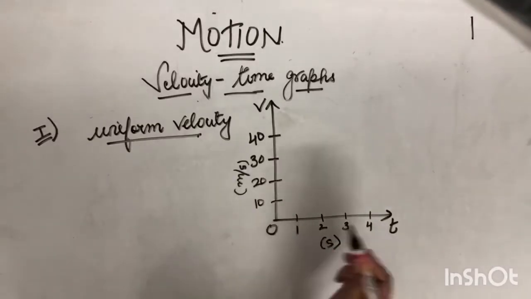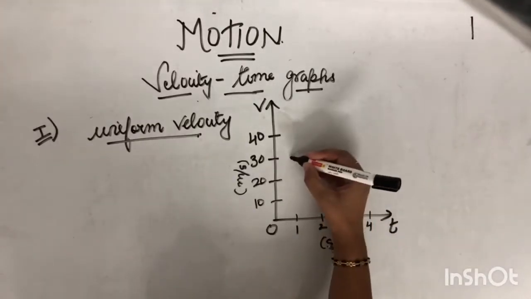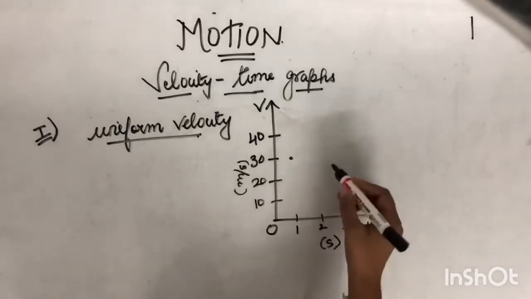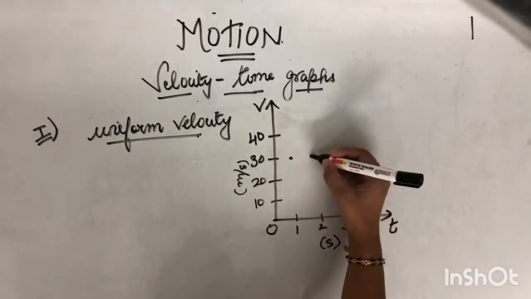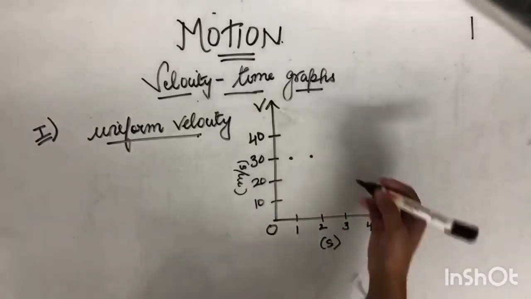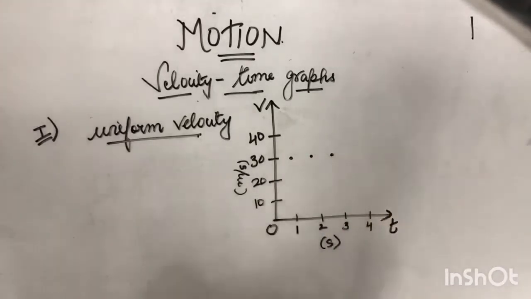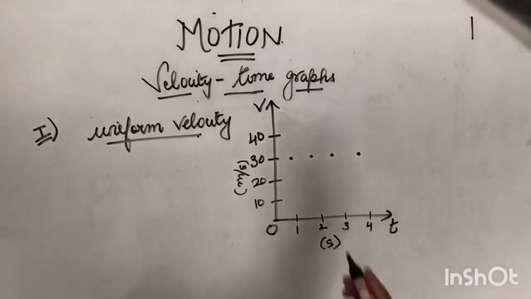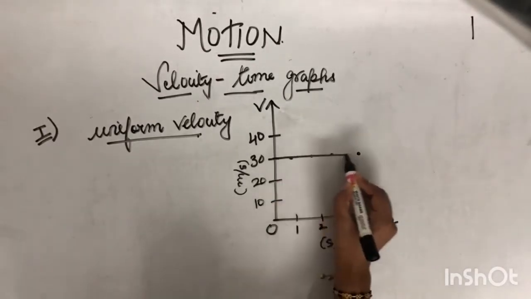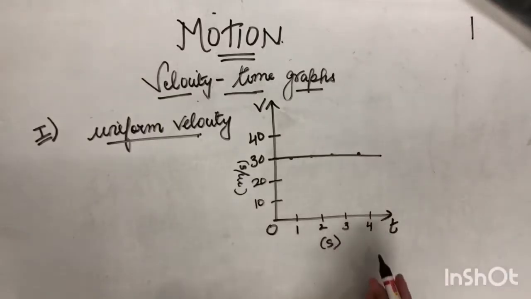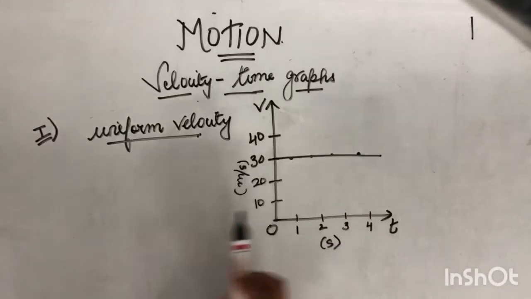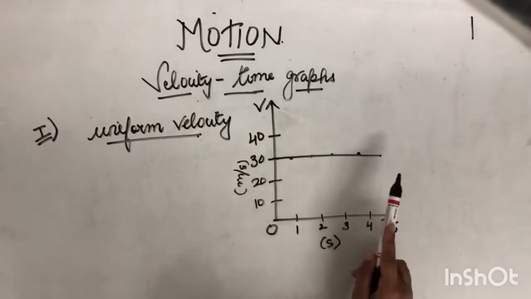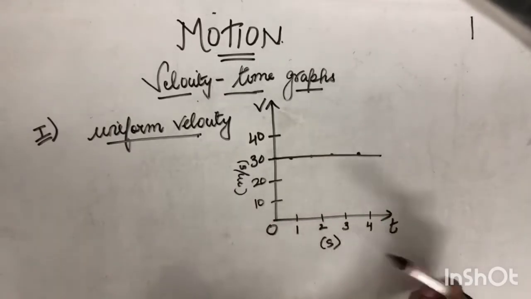At the first second the body is moving with velocity 30 meters per second. In the next second also, the body is moving with velocity 30 meters per second. Again 30 meters per second, 30 meters per second. So the graph will be a straight line parallel to the time axis. So the graph of uniform velocity will be a straight line parallel to the x-axis.